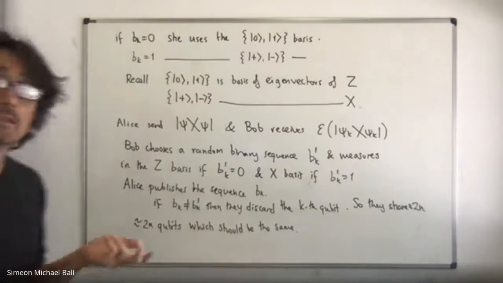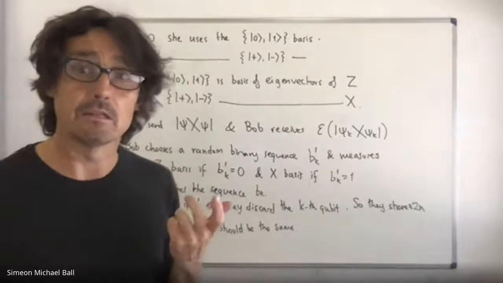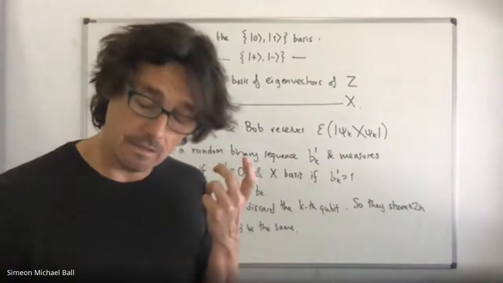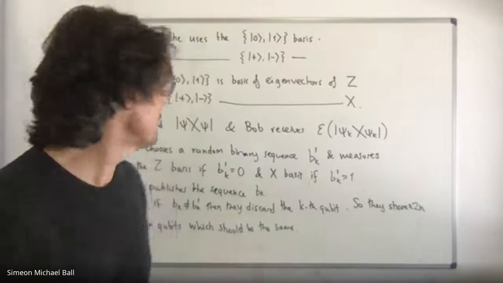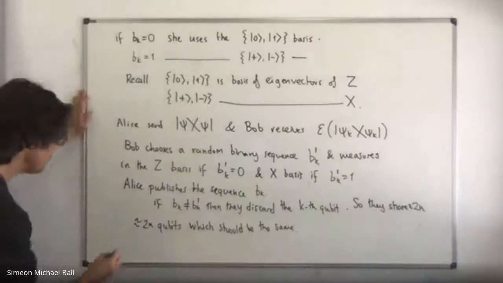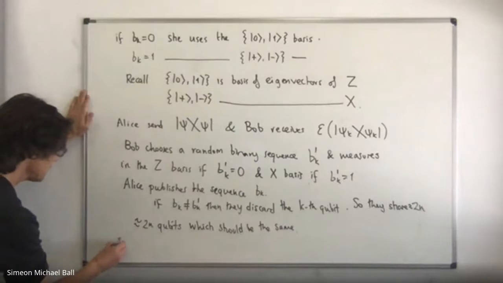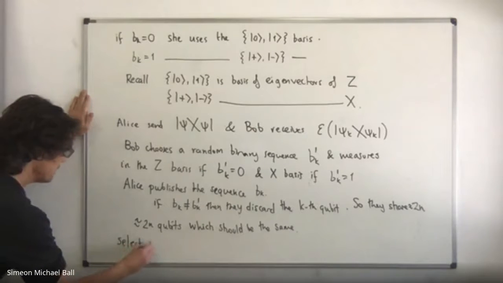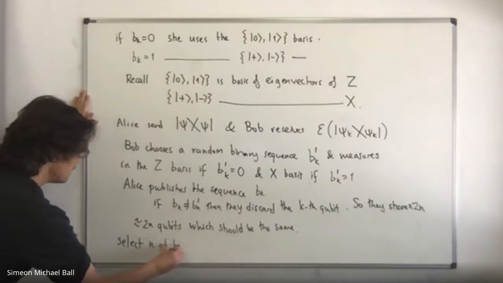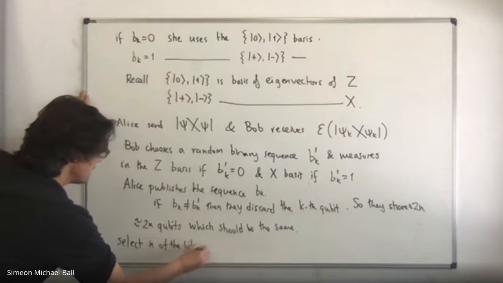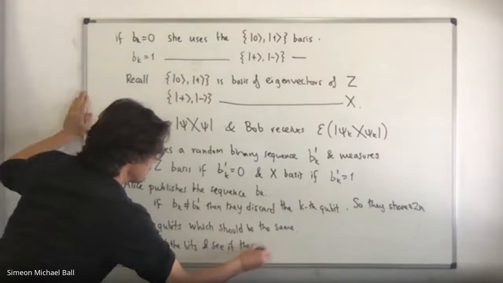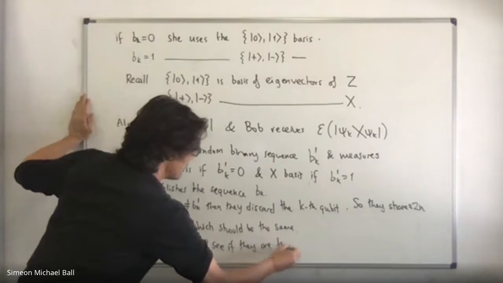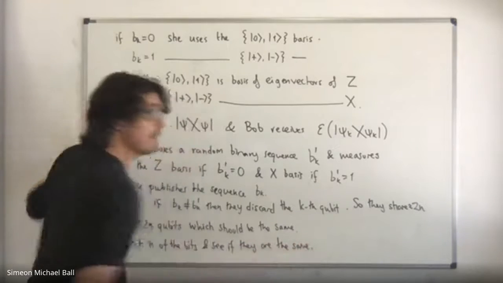Or it may have been that Eve has been eavesdropping on this communication, and she has altered the bit, and for that reason it's not the same. So what they do now is select n of the bits and see if they're the same. And then they have some kind of threshold.